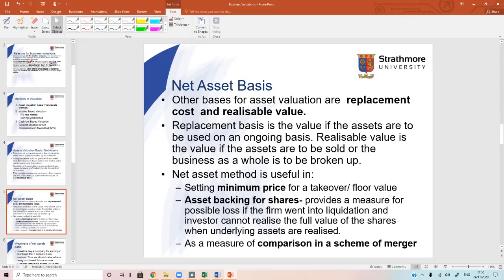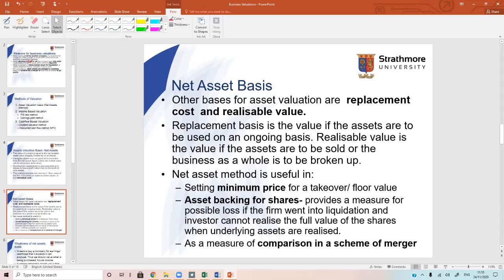If you go to the market to buy a similar asset, 8 years, model ABC, how much is the market going to be asking us to pay for that particular asset? We do that for all the assets of the company, how much the market is going to be requesting us to pay for our assets in short. Therefore, we come to the replacement value.